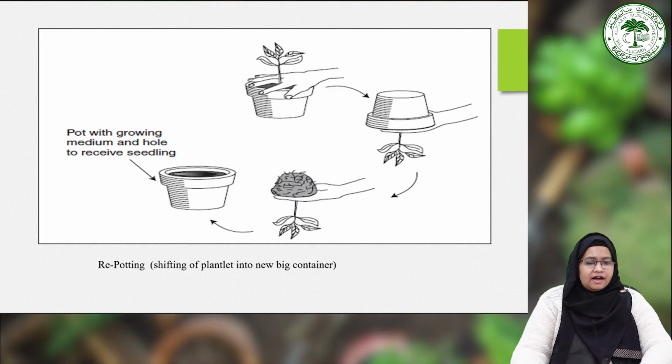Then after some time repotting is required, because when the plant attains a particular growth stage, we have to repot it. Repotting is the shifting of a plant into a new bigger container, because the plant now has more growth and requires a new pot.